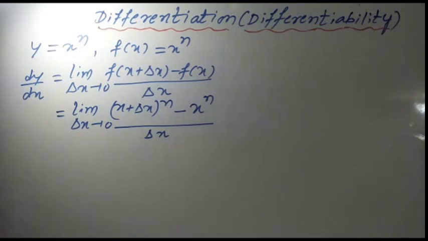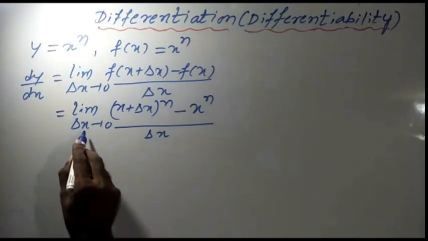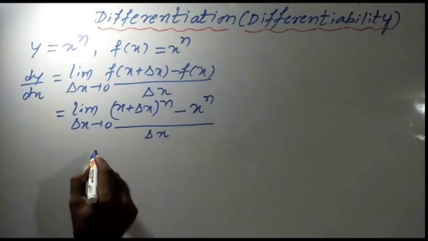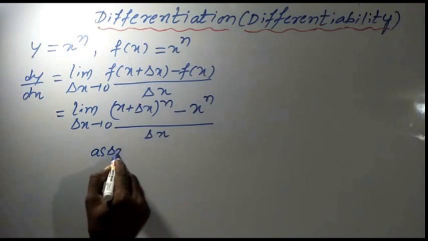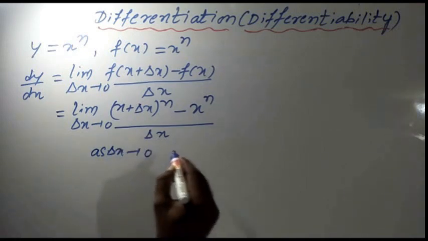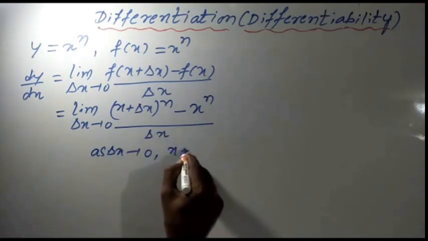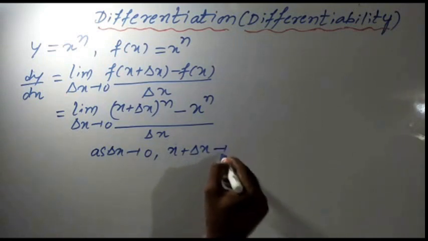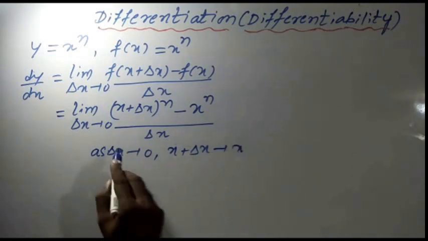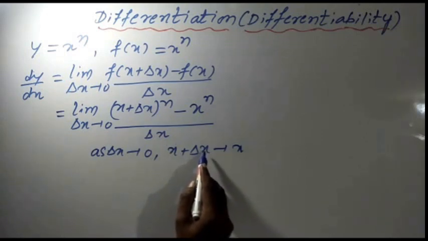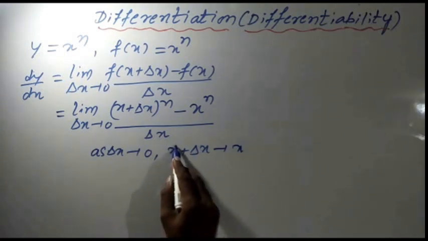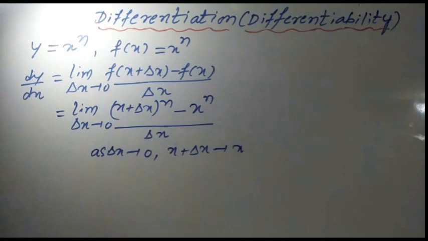Now as delta x tends to 0, according to the concept, limit as delta x tends to 0 means the value of delta x is near to 0, then x plus delta x tends to x.